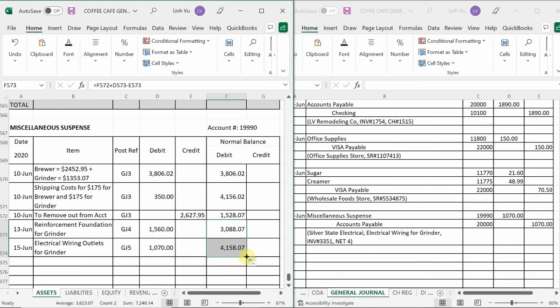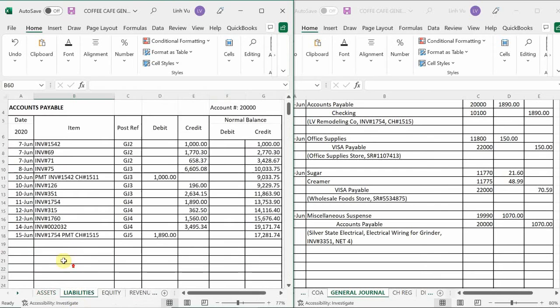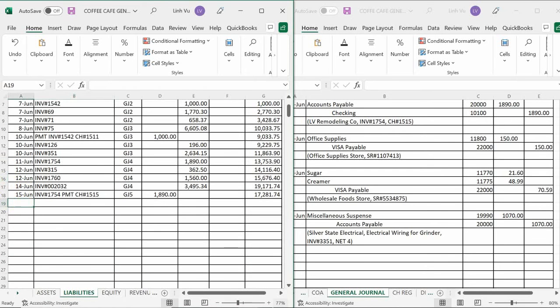And then we need to go to liabilities, to accounts payable. Put today's date, invoice number 3351, page 5.